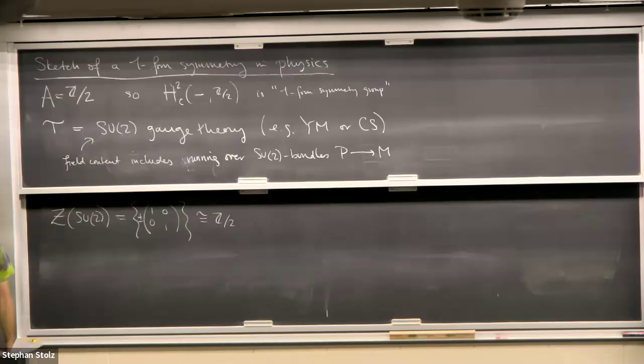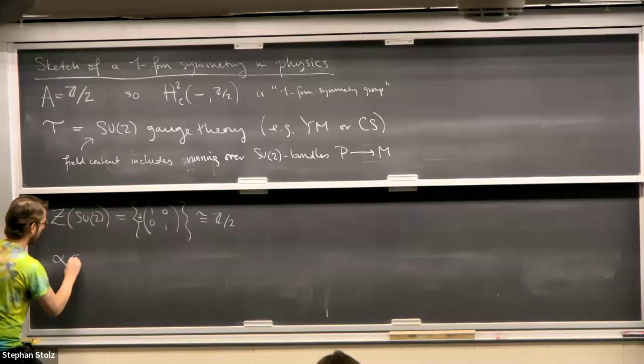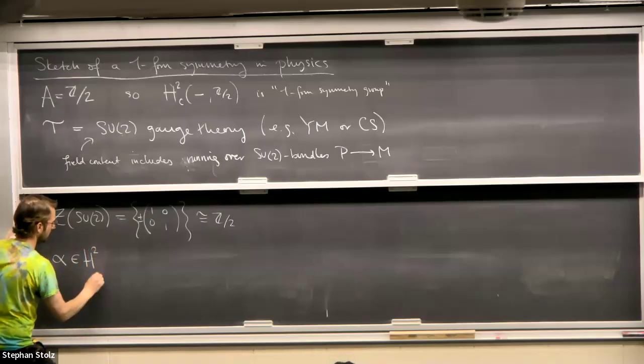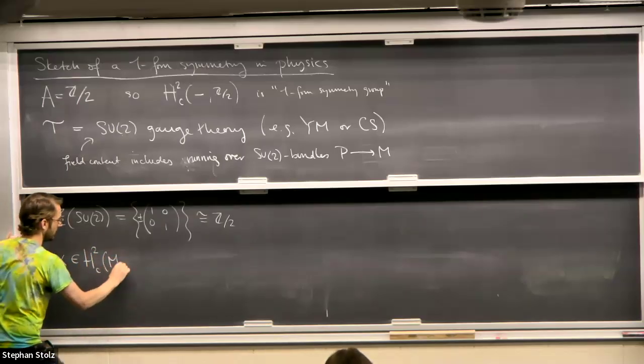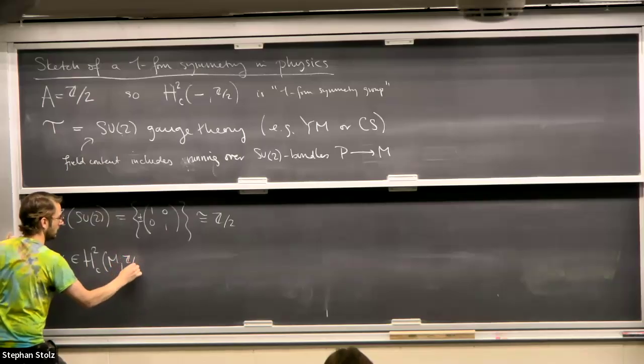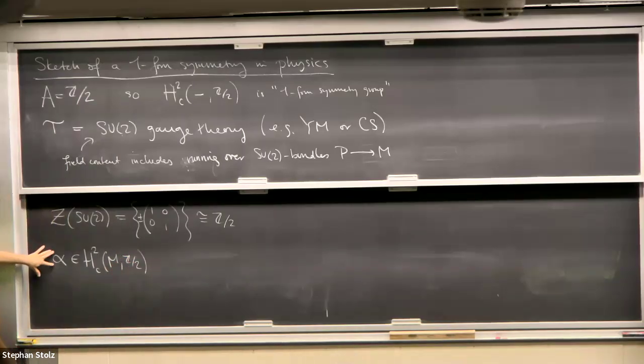So let me now say something kind of schematic. Suppose I had alpha in H2 compactly supported of M. I want to describe how this is going to act on the theory.